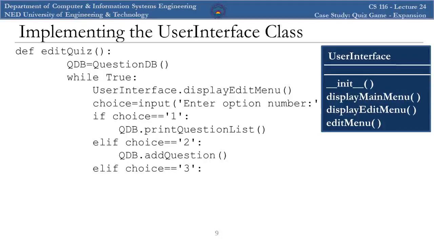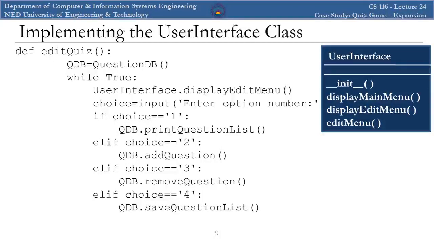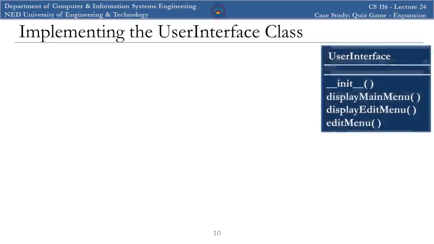And if the user enters choice number 3, I only need to call that remove question method. And if the user enters choice 4, I need to call that save list method, save question list. Right? So far so good. If the user enters choice 5, I have to go back to the main menu.